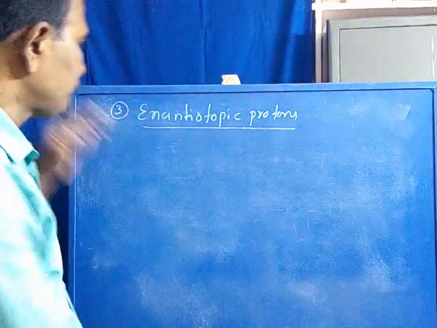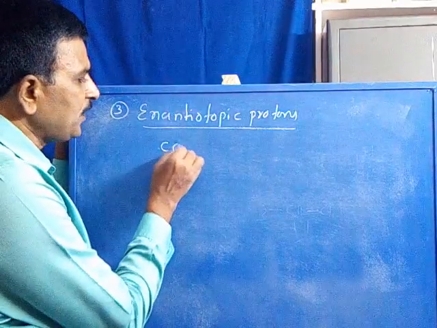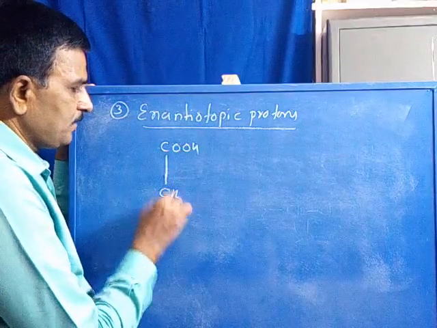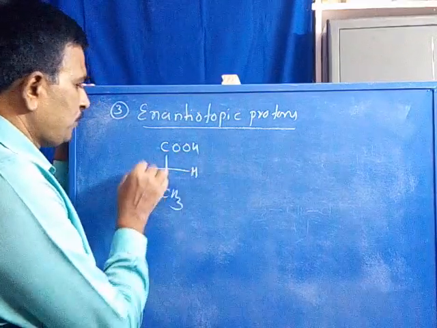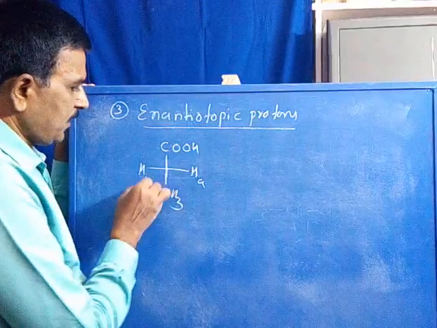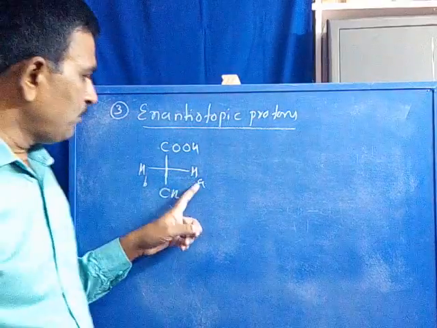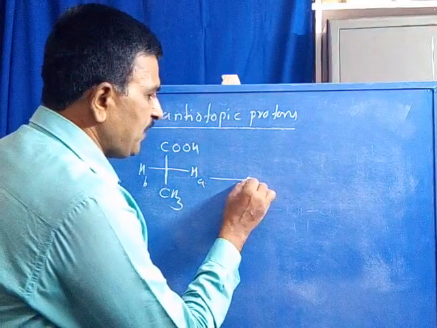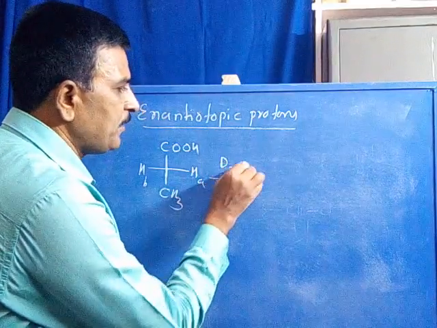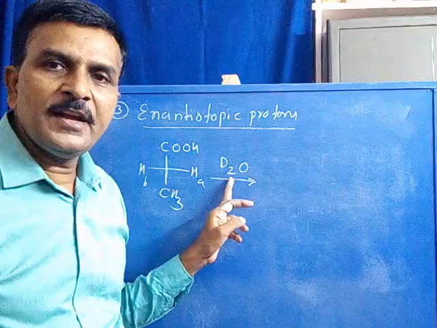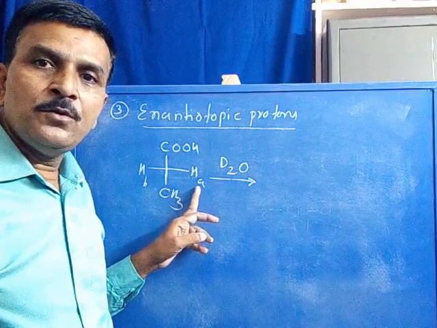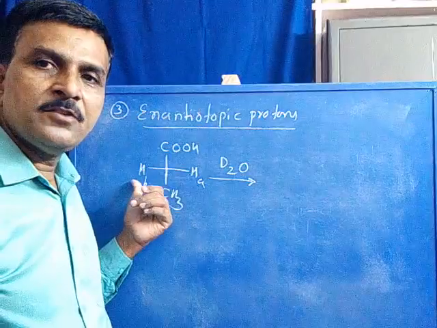For example, you take COOH, here it is CH3, and you keep two protons, say proton A and proton B. Now on replacement with deuterium, treatment with deuterated water, proton A may be replaced by deuterium or B may be replaced by deuterium.